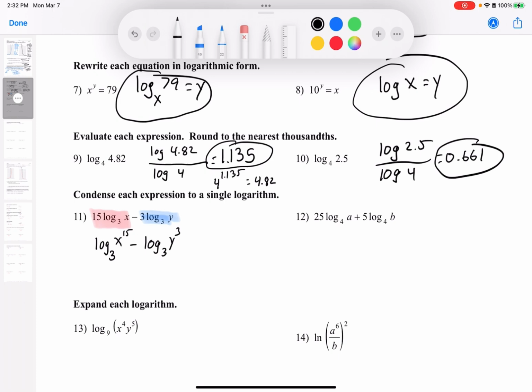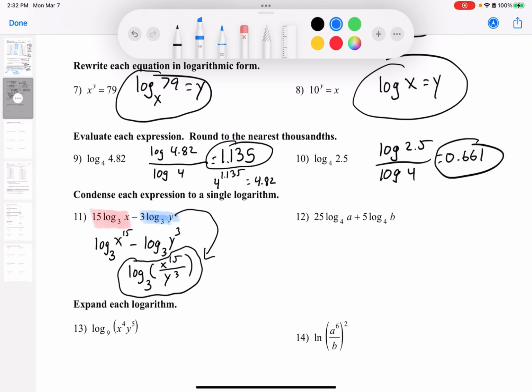It's not in condensed form yet or as a single log. So now we need to do what we do when we subtract. When we subtract, it stays log base 3. But now the x to the 15th is going to be our numerator, and y to the 3rd is going to be the denominator for it. Okay, and again, this was just an explanation for it. If you can go from that first step down to that last step, more power to you.